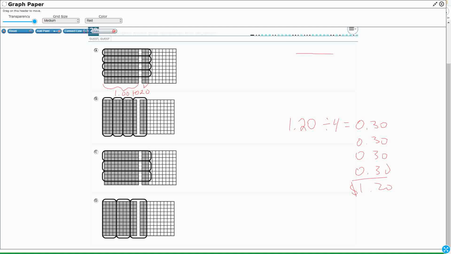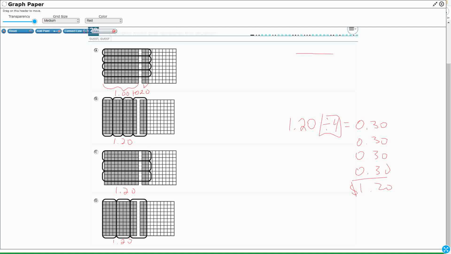So sometimes you'll get a problem like this and they won't have the correct shaded. So it looks like I've got $1.20 shaded in each of these. It's just literally asking which one shows the correct way. Well, what are we dividing it into? We're dividing it into 4 groups. So first I need to check to see, do we have 4 groups in each of these?